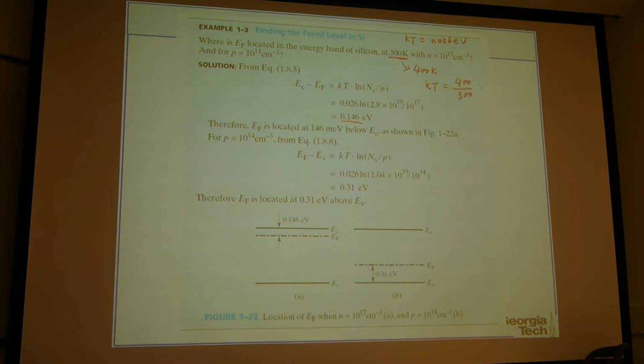Because you know at 300K it is 0.026 eV. So you get at 400K, that is 1.3 times that number. And then you can plug in this kT to here. Any questions?